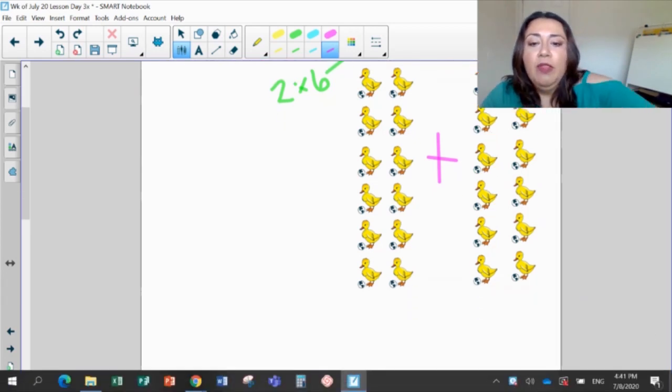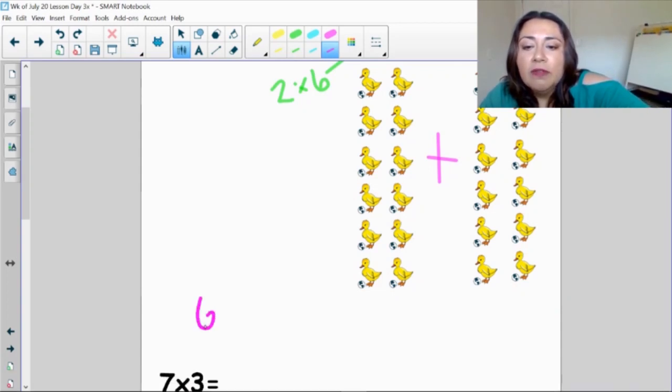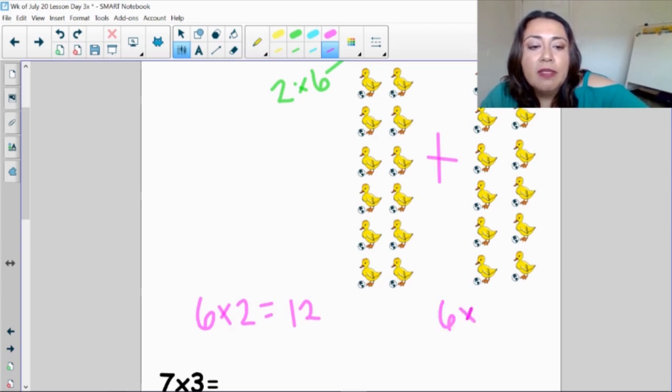Yo sé que puedo hacer 6 por 2 es igual a 12 y 6 por 2 es igual a 12, y 12 más 12 es igual a 24.